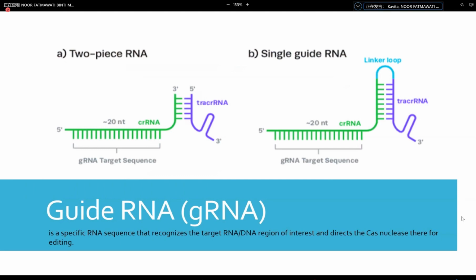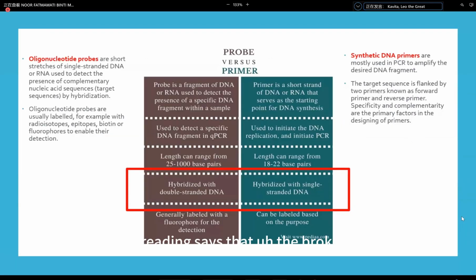Doctor, one of my readings says that the probe, like what Leo was asking, apart from the quenching effect, some probes need a trigger to trigger the fluorescence, right? A trigger to initiate the reaction, to trigger the chemical reaction so that the fluorescence label will emit the light.